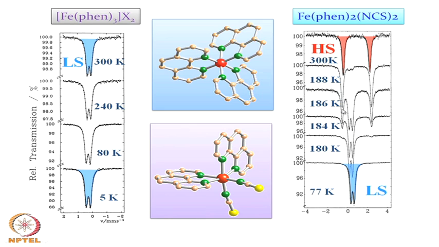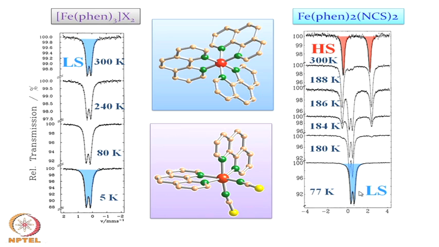Similarly, for 186 also. So, this is the range we have seen in one other previous example, that around 185 Kelvin the corresponding transition is taking place from low spin to high spin. So, the magnetic susceptibility data you have seen earlier in one other example is similarly applicable for the Mossbauer spectroscopic data as well.